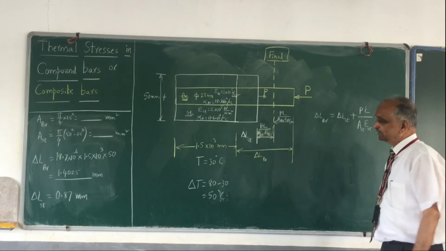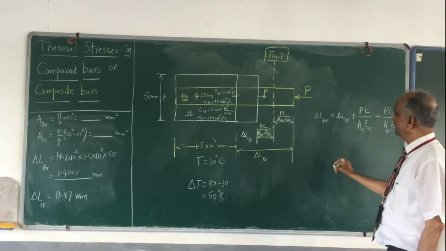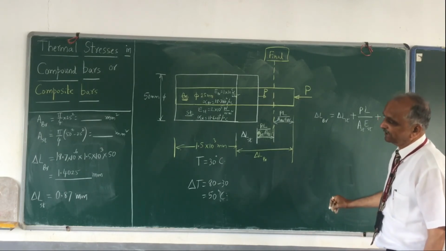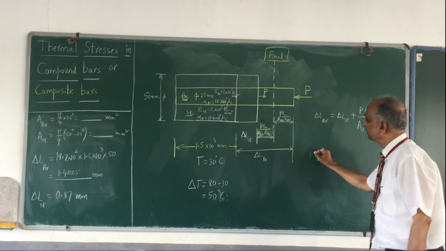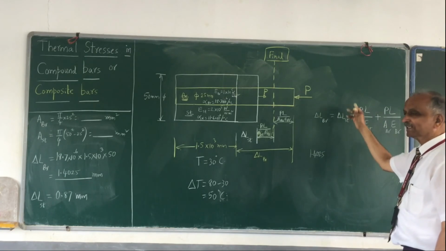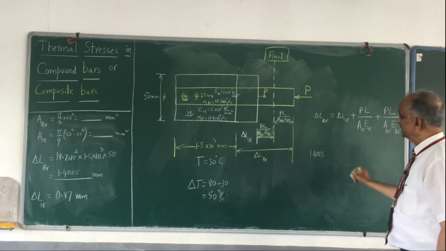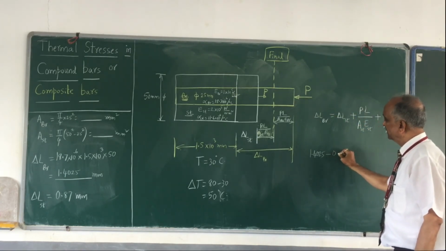So what all things do you know? You know delta L BR, it is 1.4025, and I shall get delta L ST to the left hand side, where it becomes minus 0.87.